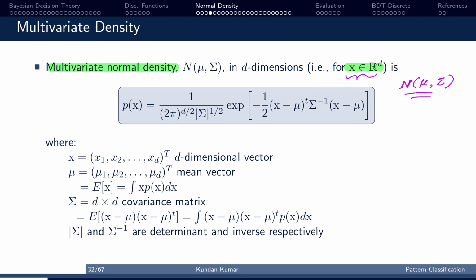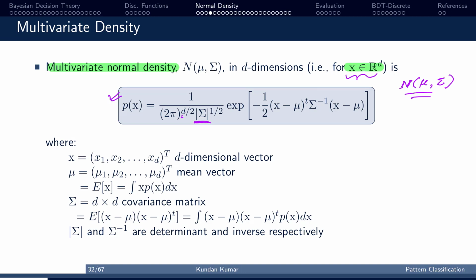Okay, so this normal density function is defined as P(x) equal to 1 by (2 pi) to the power d by 2, where d is the dimensionality of the data, and the determinant of the covariance matrix to the power half, into exponential minus 1 by 2 (x minus mu) transpose into covariance inverse into (x minus mu).